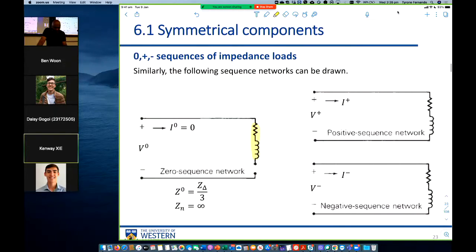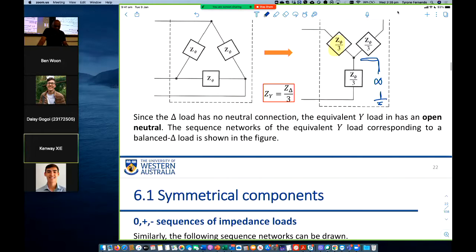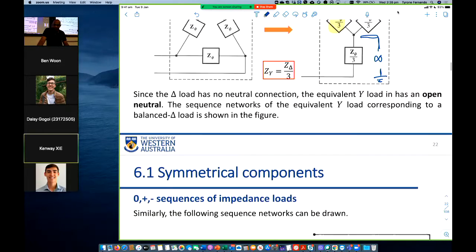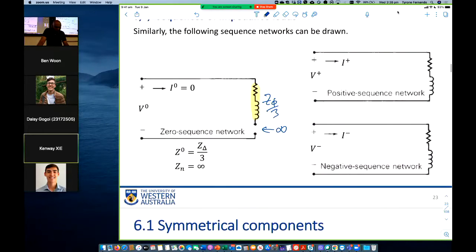This is the Z_Y/3, and this is the infinite impedance, because there's nothing connecting the neutral to the ground, right? Positive sequence network will simply have Z_Y/3. Negative sequence impedance will simply have Z_Y/3. That's it. Those are the 3 sequence networks corresponding to a delta load.